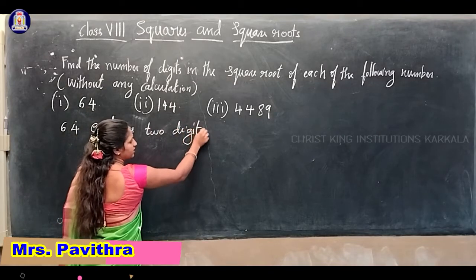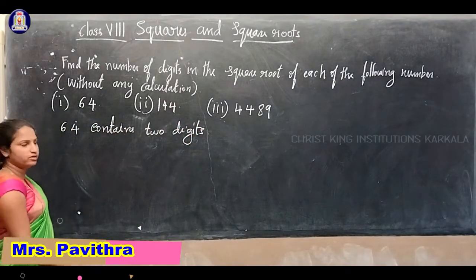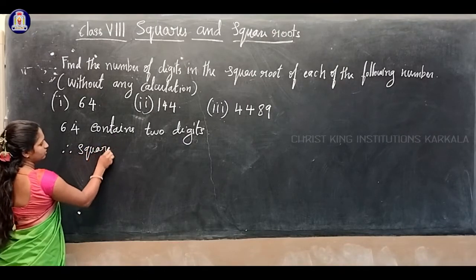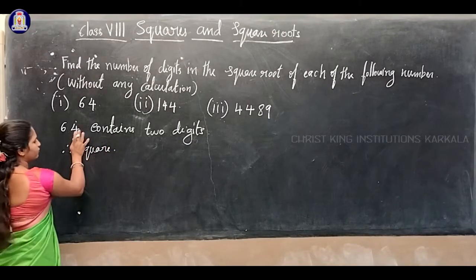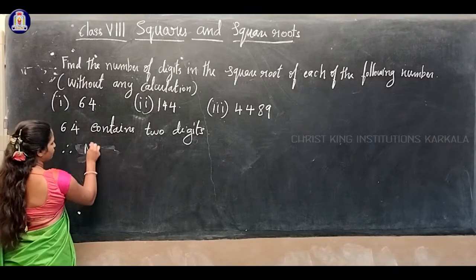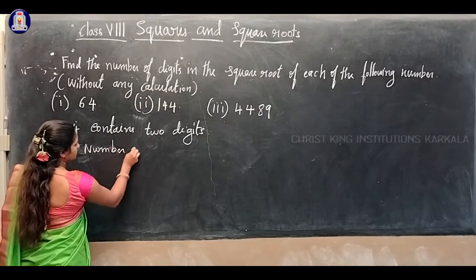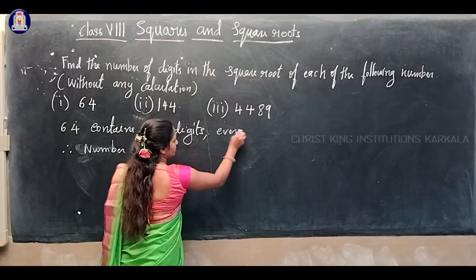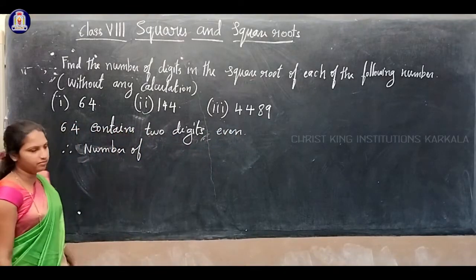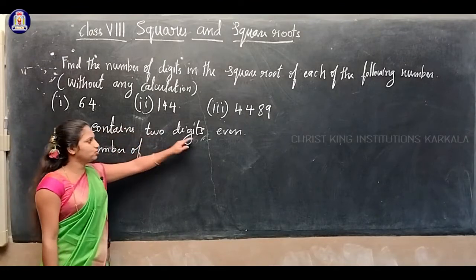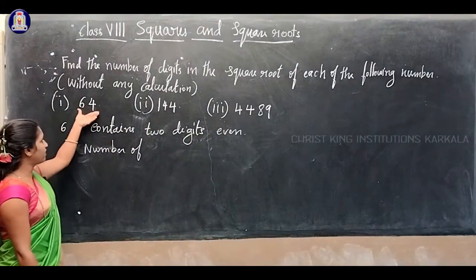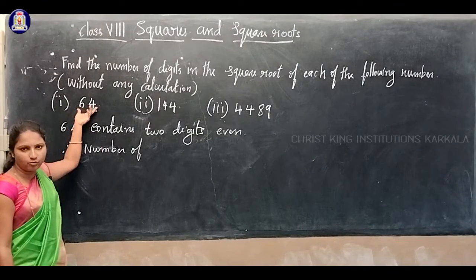So how to check the number of digits in the square root? That is 2 digits, which means that is even, clear? 64 contains 2 digits, that is even. So now what do you have to find? The square root of 64 contains how many digits?